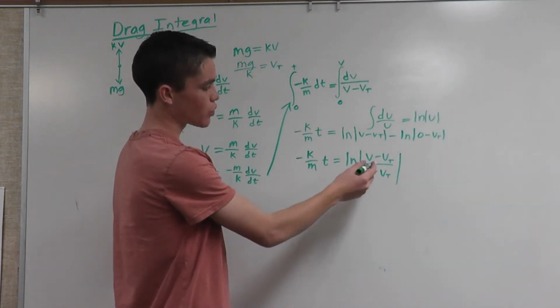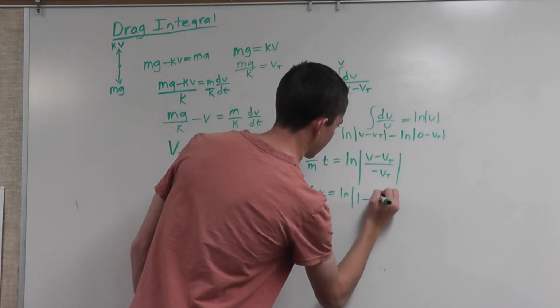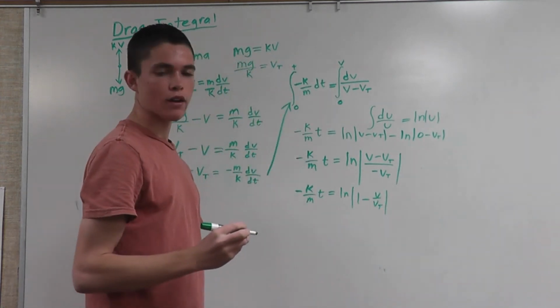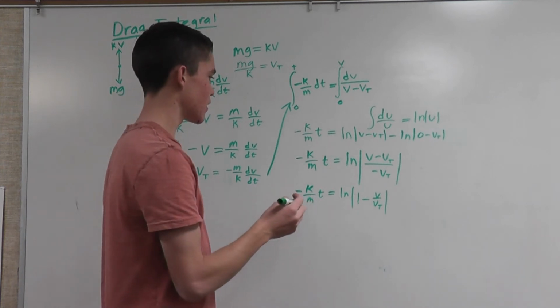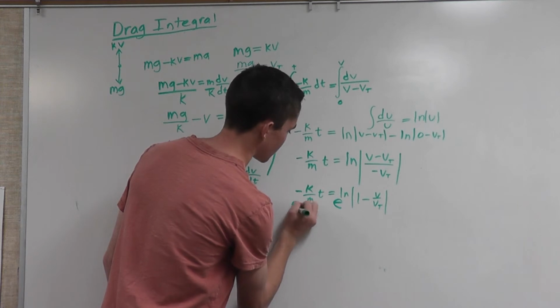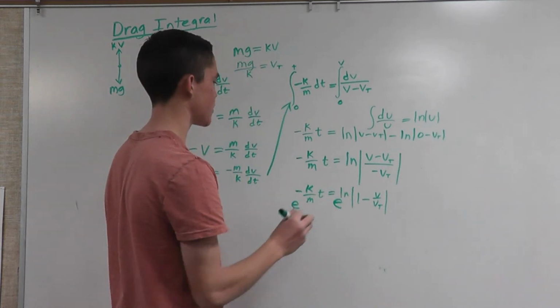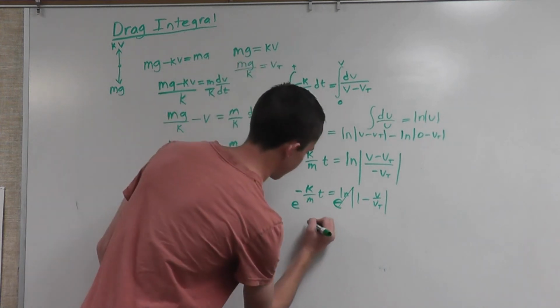Now, we can rearrange what's on the inside of the natural log. And now we're going to get rid of the natural log by undoing it with e. We're going to do e to the power of each side of the equation. This will cancel out the natural log.